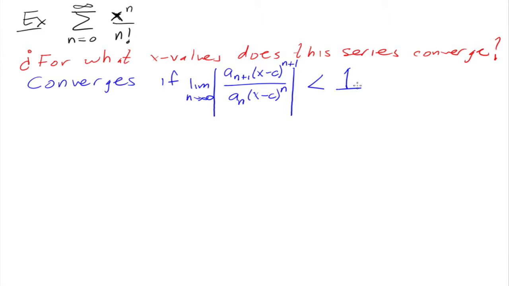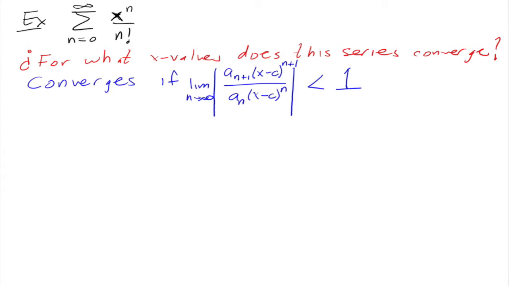Then the series is going to converge. So our task is to find the x values for which that expression converges. Does that make sense? Our strategy? Sometimes you can also use the root test, but usually the ratio test is what we're going to use.